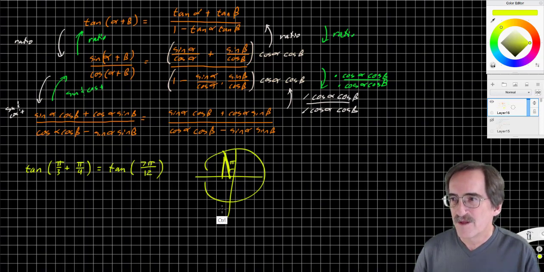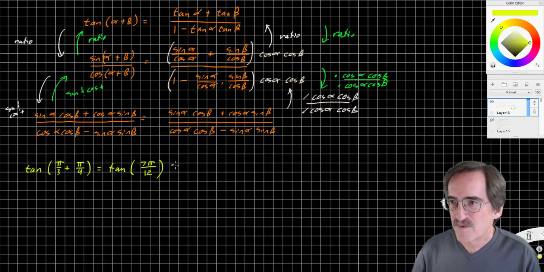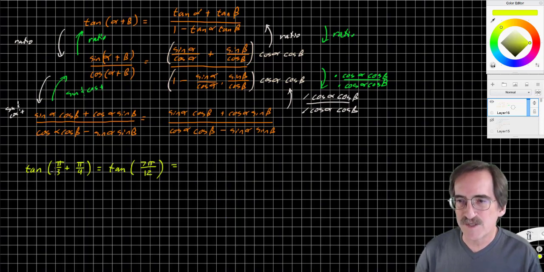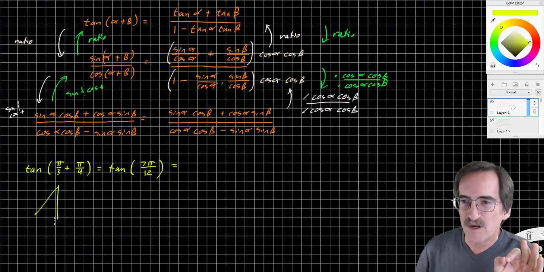Okay. All right. So let's break it down. That's not one of the reference angles, but tangent of pi over 3 is. Pi over 3 is 60 degrees, so tangent is root 3 over 2 over 1 over 2, so it's root 3.